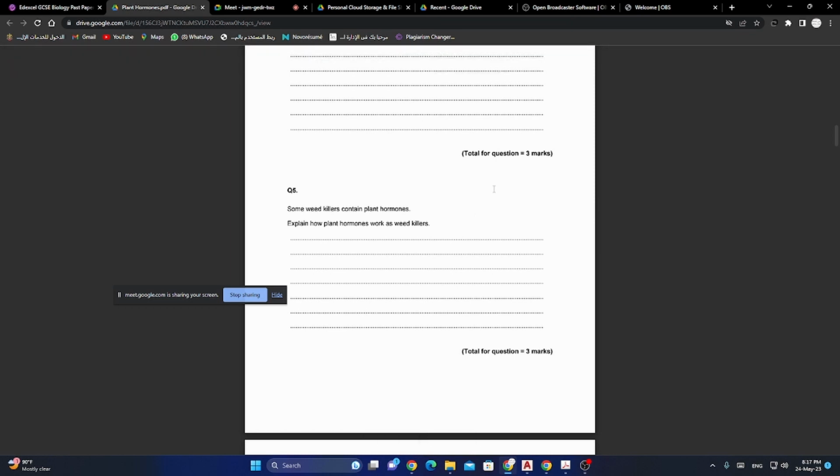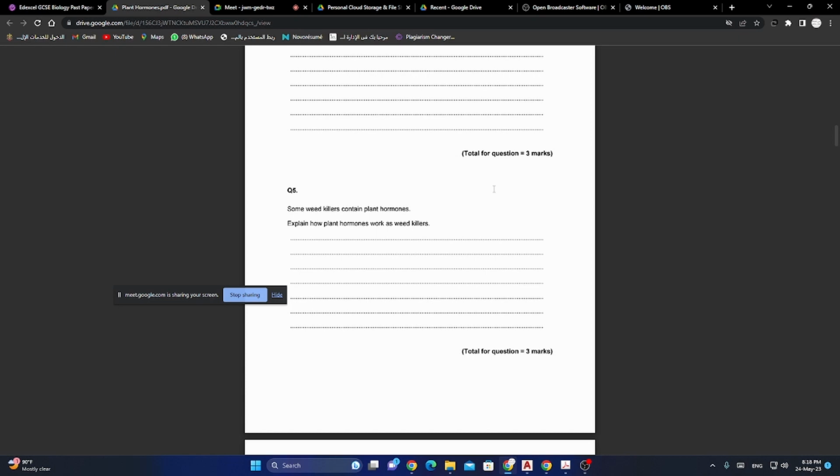Some weed killers contain plant hormones. Explain how plant hormones work as weed killers. No, but okay, but how do they work though? How do they cause it to overgrow?